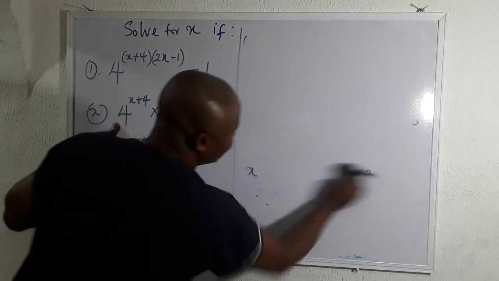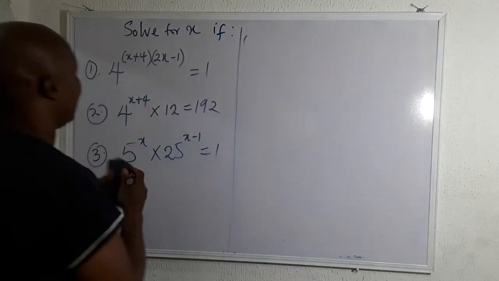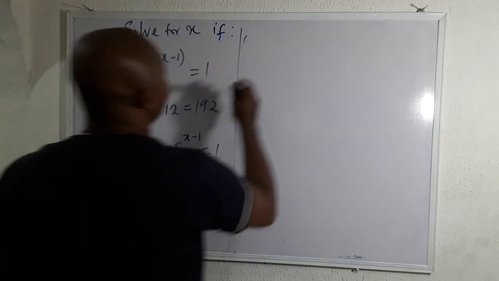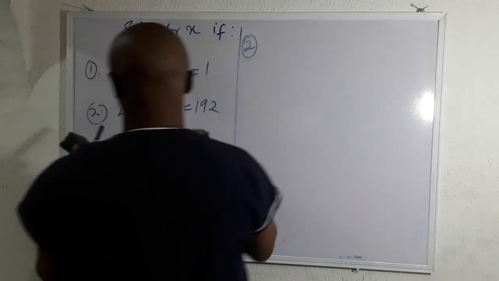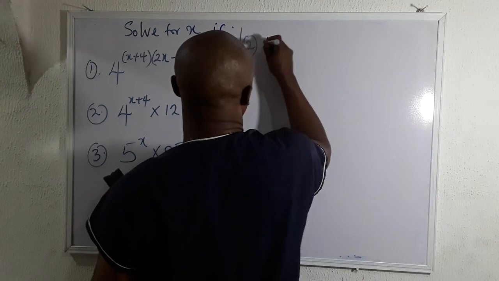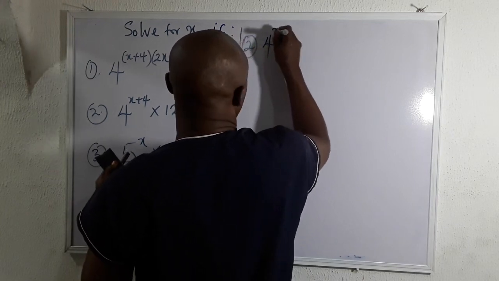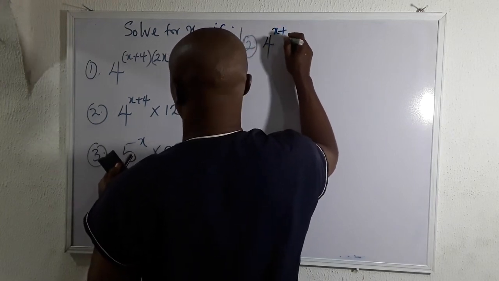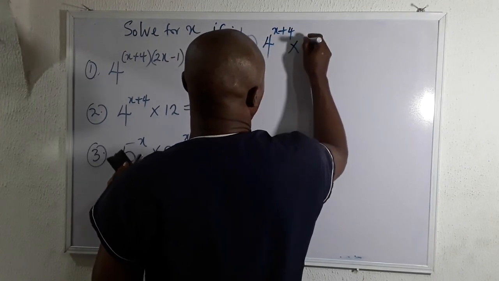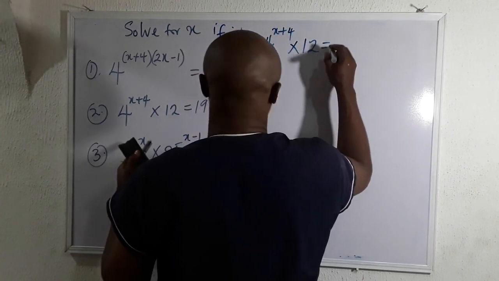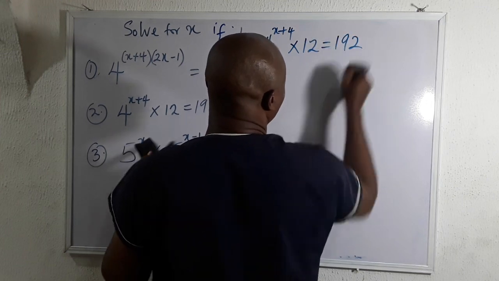Now to solve question 2, let us write it out. Question 2 says 4 raised to power (x + 4) times 12 is equal to 192.